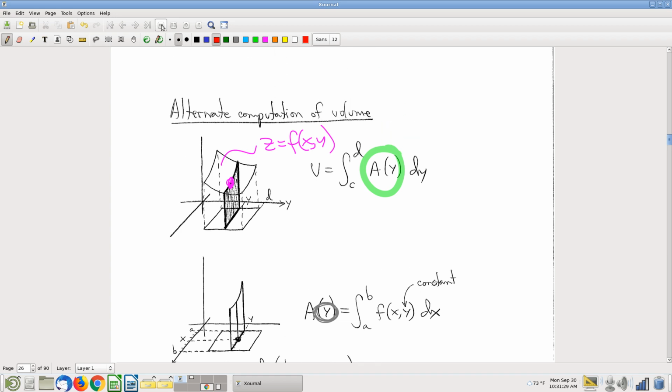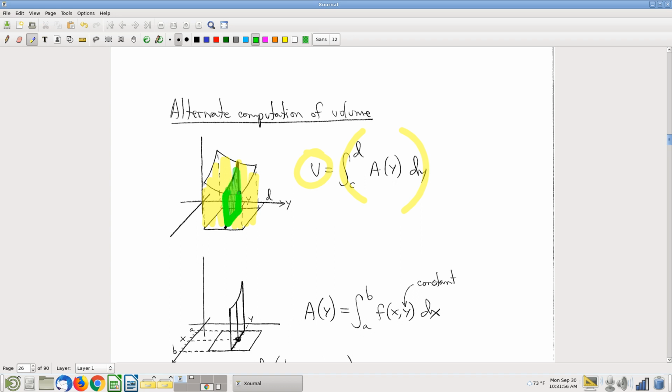So all together then, and let's zoom out so we can see what's going on here. If I want to compute this total volume, it is an integral dy, as we argued a few minutes ago, where my integrand is this cross-sectional area.